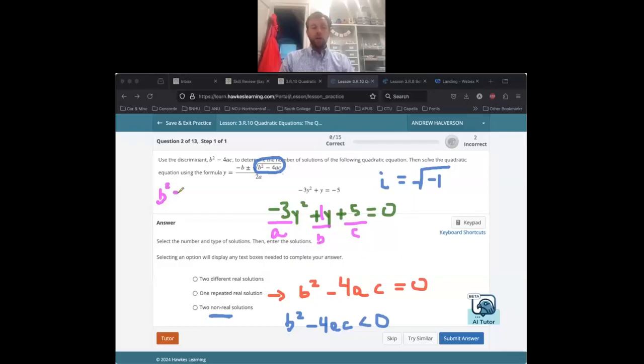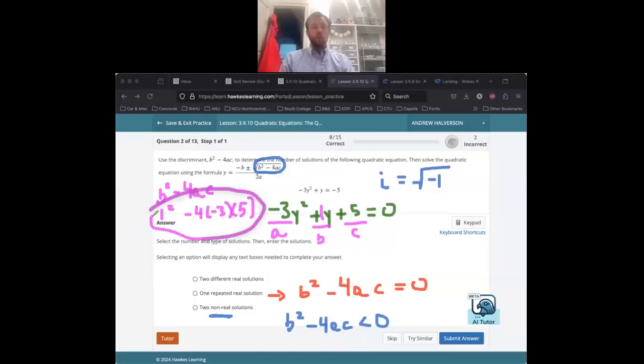So b squared minus 4ac, so that's, oops, wrong. B is what? 1. I was looking at the wrong one. So 1 squared minus 4a, a is negative 3, and c is 5.